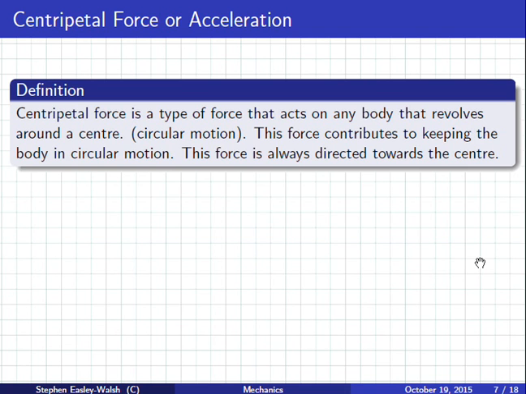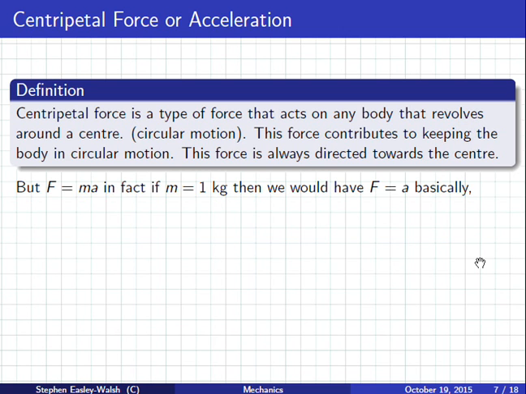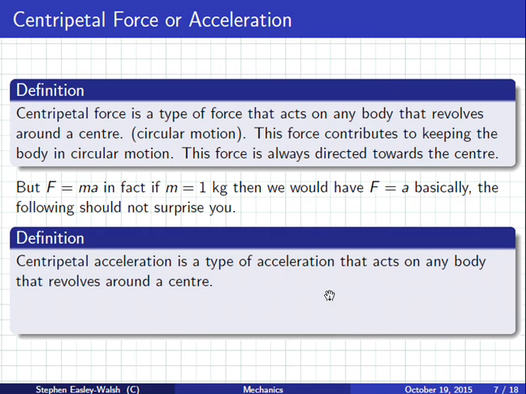So you have also, this should not surprise you, centripetal acceleration, which is the acceleration that points towards the center. So you don't even need to write this down. What's the key word here in both? Centripetal.